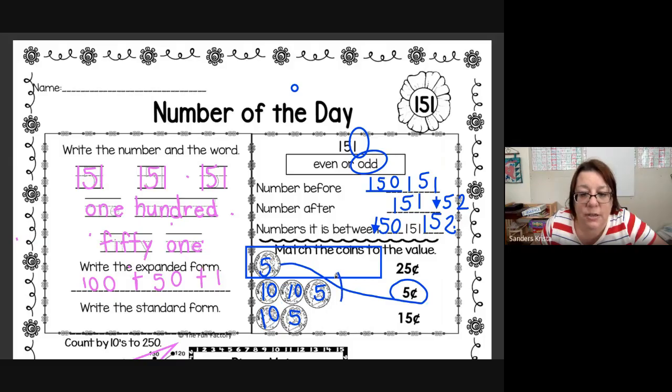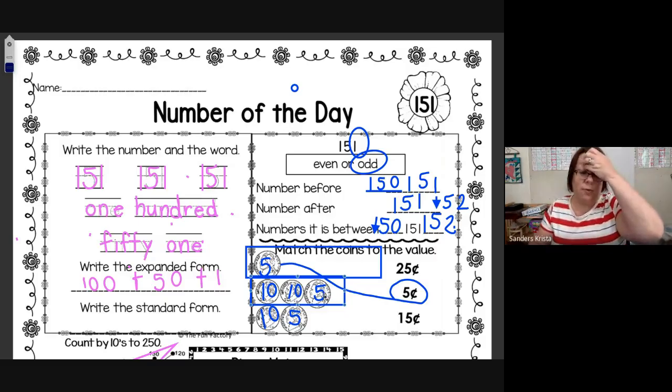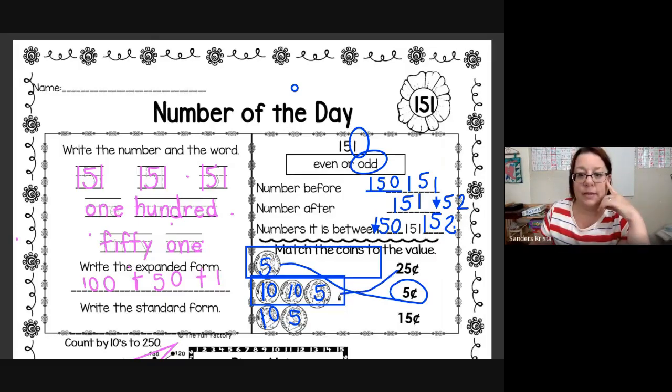So we're going to look at the value of the total of the 2 dimes and the nickel. Ooh, I know I can count by tens. 10, 20, 20 plus 5. That's kind of like adding expanded form. 20 plus 5, that's 25. Okay? And then 10 and 5. A dime and a nickel. A dime and a nickel is 10, and 5 more, 15.